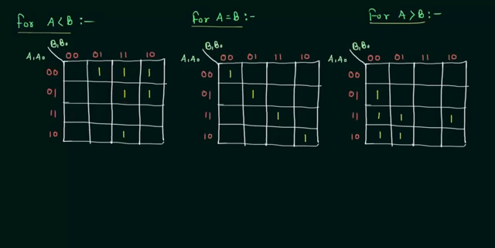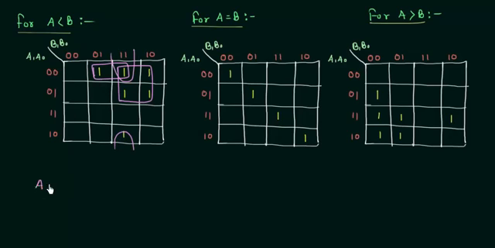Let's change the color. Okay. For the first case, when A is less than B, this is my first group. We are left with 2 ones, so this is my second group, and this is my third group.